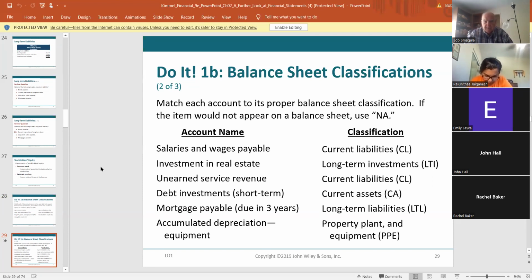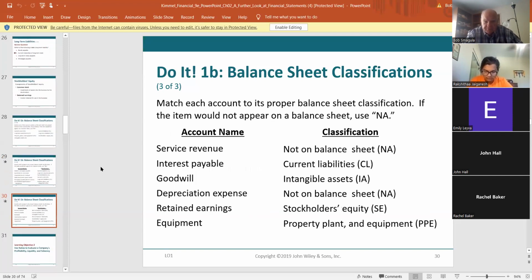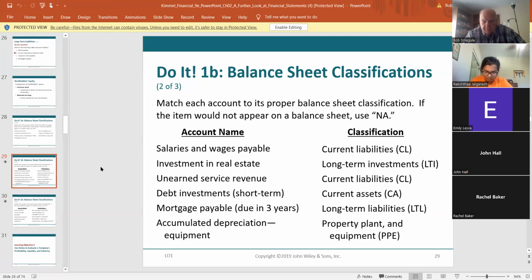If the item would not appear on a balance sheet, use NA. Let me take a look at this real quick. Did they already give us the answers? Yeah, it looks like they just popped the answers in there for us. Salaries and wages are always a current liability. Employees don't go a whole year without getting paid, right? Unless you work for Donald Trump, but I digress, okay?